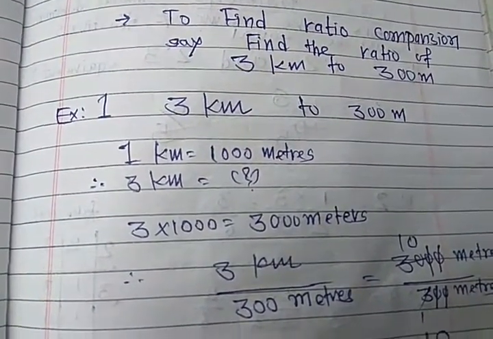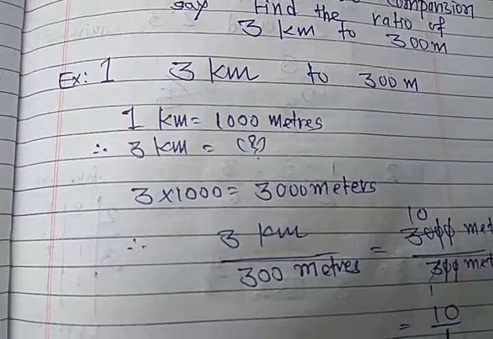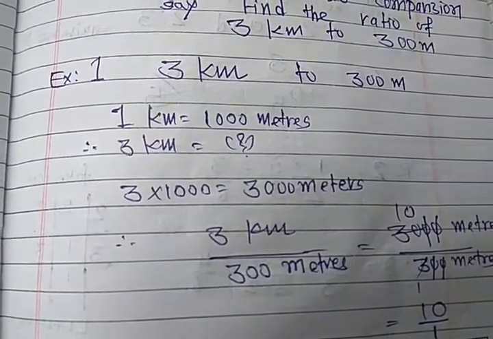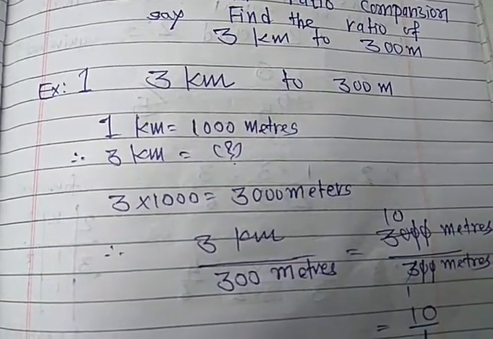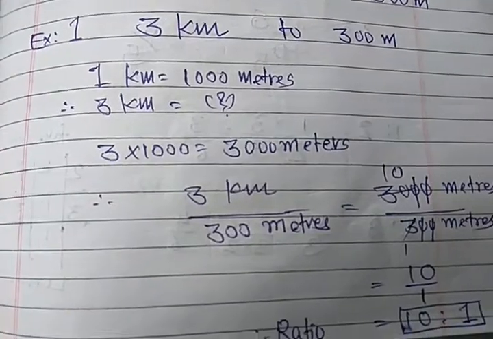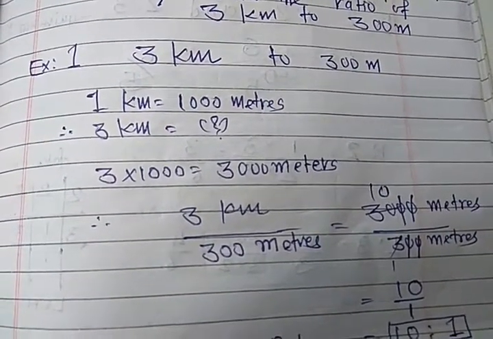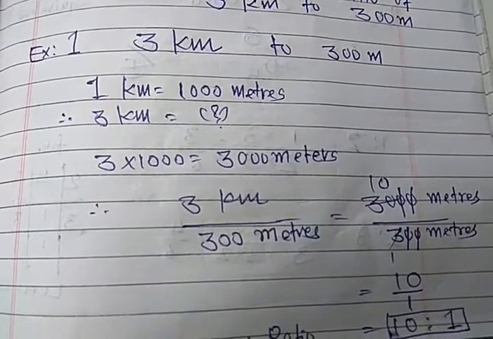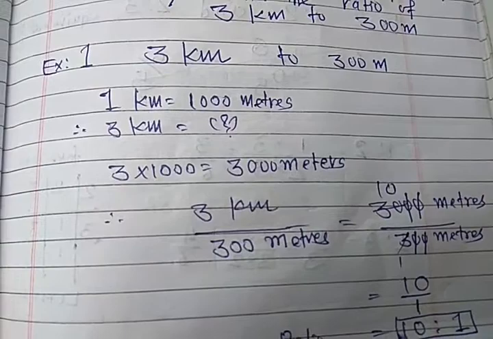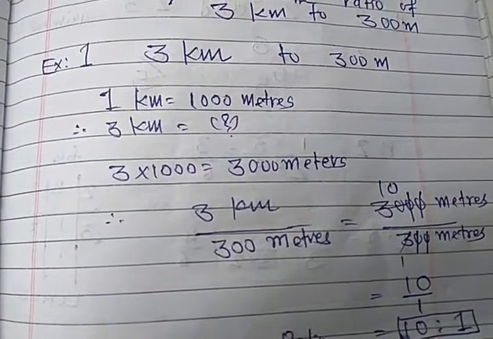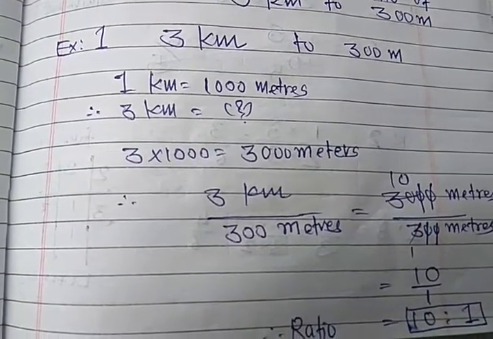Here first of all we have to convert this ratio into the same units, either kilometer or meters. Which one is easy for you? Students, you have to convert the bigger unit to the smaller unit, where you have to multiply the quantities, right? So 1 kilometer is equal to 1000 meter, therefore 3 kilometer is equal to 3000 meter, means 3 into 1000.